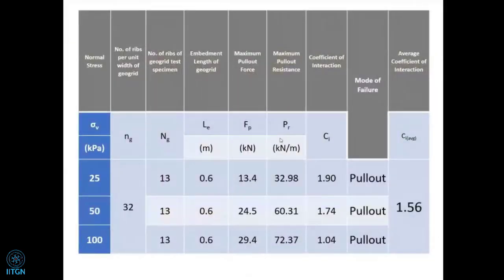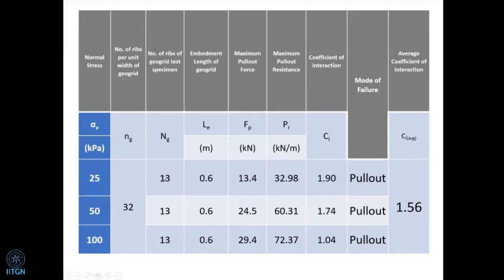This is the final observation sheet of the actual test conducted in our laboratory. The normal stresses applied on 3 different specimens are 25 kPa, 50 kPa, and 100 kPa. The number of ribs in 1 meter width of the geogrid sample was 32, and the number of ribs in the test specimen was 13, with a sample width of 305 mm.